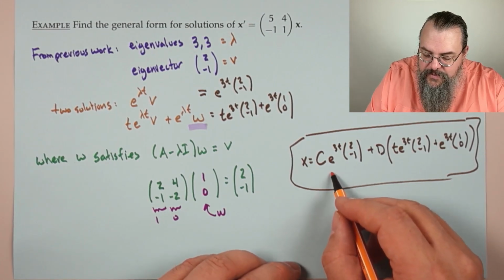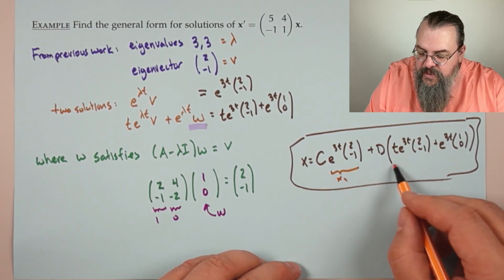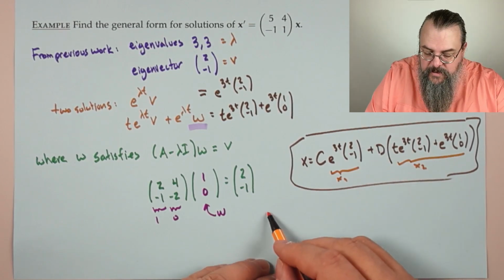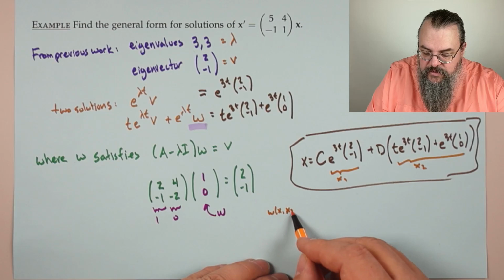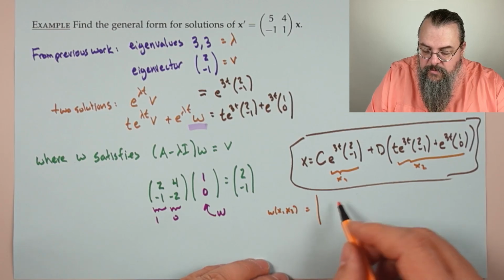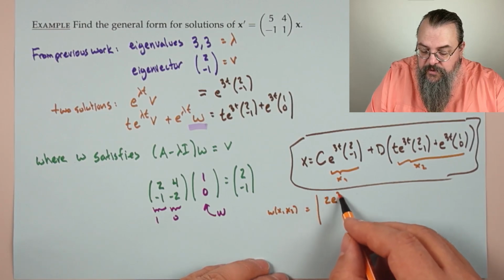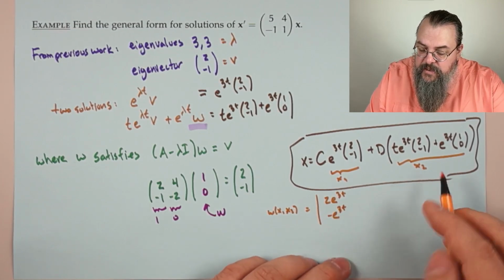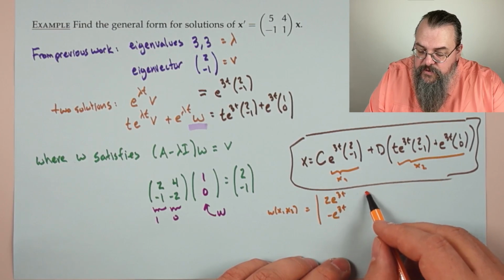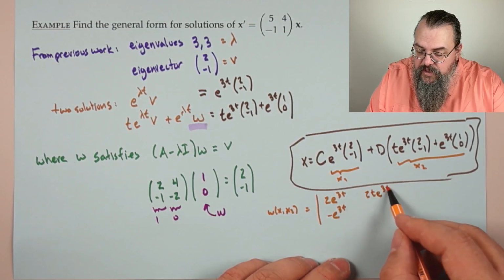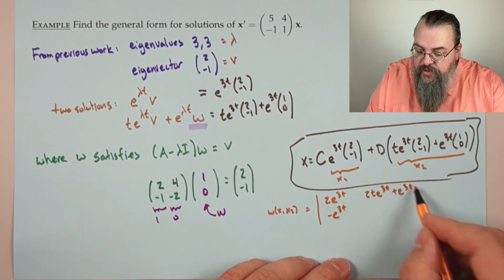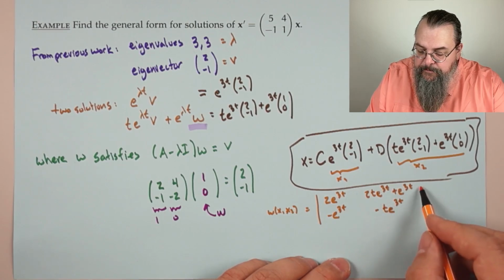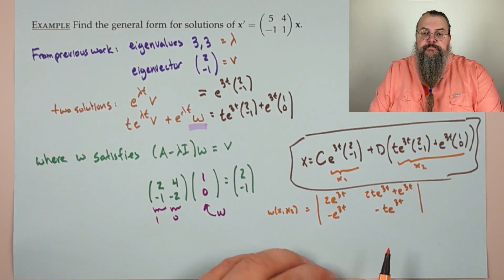So if you called this first one x1, and the second one x2, then our Wronskian of x1, x2 would be, well, we'd have 2e to the 3t, minus e to the 3t. And then here we'd have 2t e to the 3t plus e to the 3t, and then minus t e to the 3t. All right?